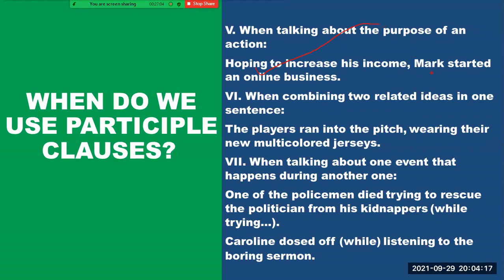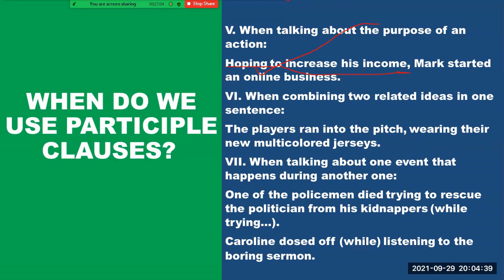You can see the purpose of his starting an online business is to increase his income. That's the purpose. So the participle clause is hoping to increase his income. All right? That is the purpose of his starting an online business.